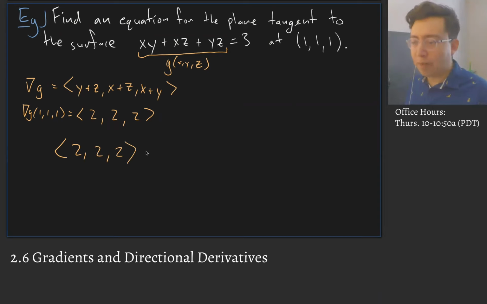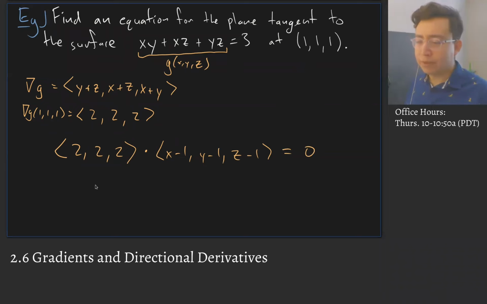We're going to take the dot product of this with x minus 1, y minus 1, and z minus 1, so it's x minus x sub 0, y minus y sub 0, and z minus z sub 0, and set this equal to 0. We get 2 times x minus 1 plus 2 times y minus 1 plus 2 times z minus 1 equals 0.